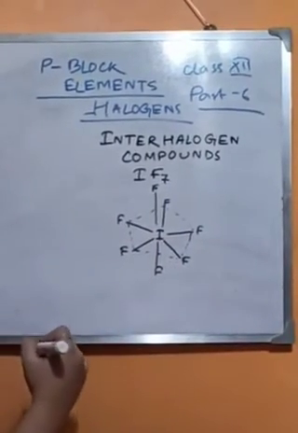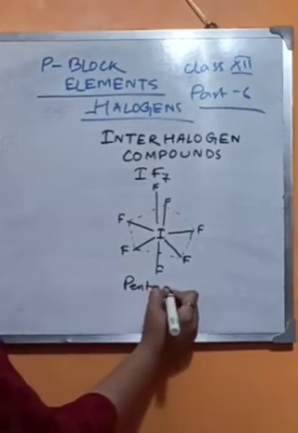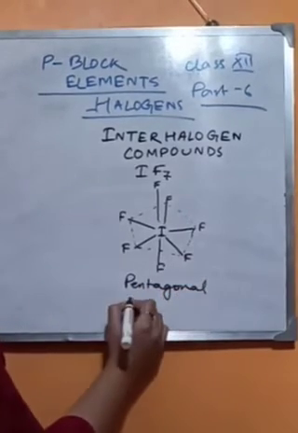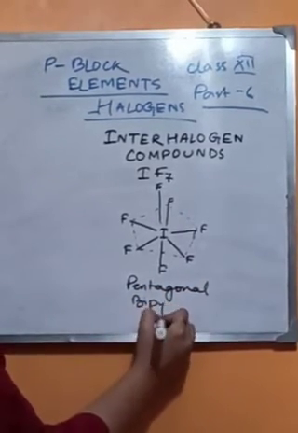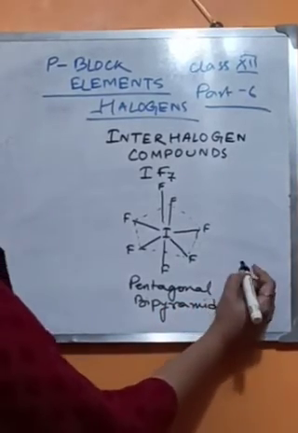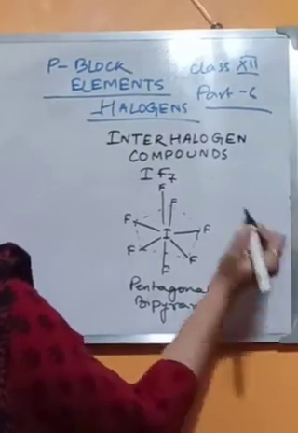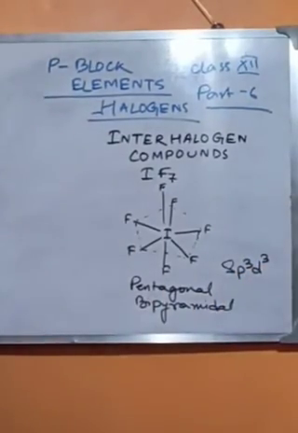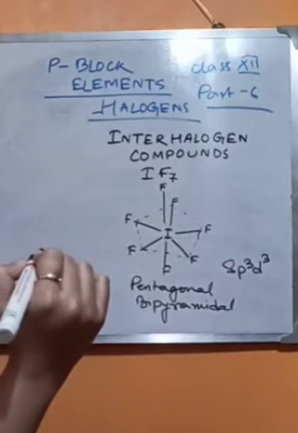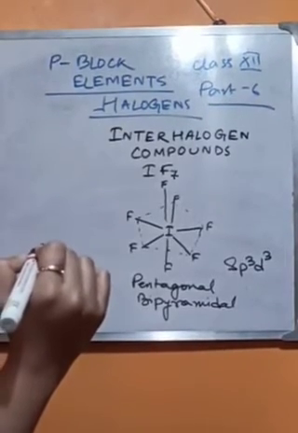The structure you can see is pentagonal bipyramidal, and the hybridization is sp3d3. Okay, this is of IF7.